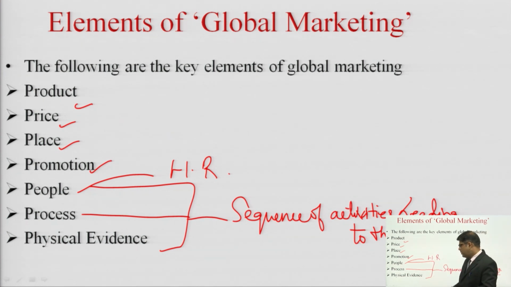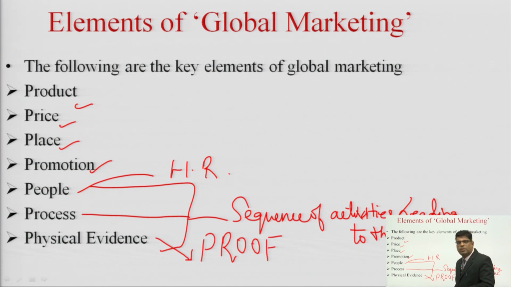Last but not the least, there is physical evidence. In case of a service, the physical evidence is the proof that the service has been experienced by the consumer. It is more about the environment in which the service is being offered to the consumer. Now, let us take a look at each of these elements in detail.